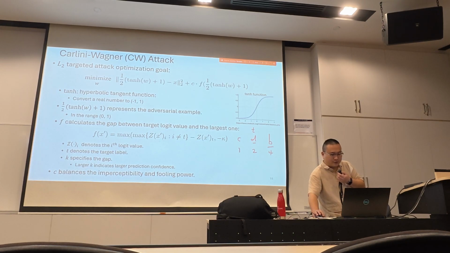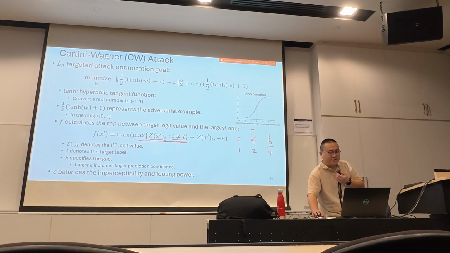So what we want to do is get the largest logit that is not the target. This is what we mean by the internal max. So we get the max logit that is not the target one. In this setting at the beginning, that will be the logit for the correctly classified label, the logit of bird.